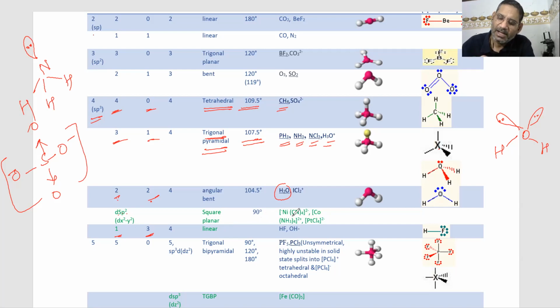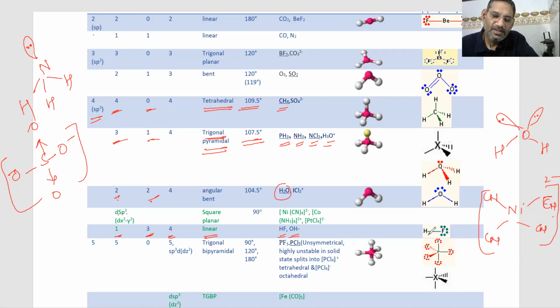See, square planar means Ni(CN)4 2 minus, this is square planar. Like this, Co(NH3)4 also, PtCl4 also. And if it is 1 plus 3, that is 4, shape will be linear. Examples, HF, OH minus. So this is all about 4.